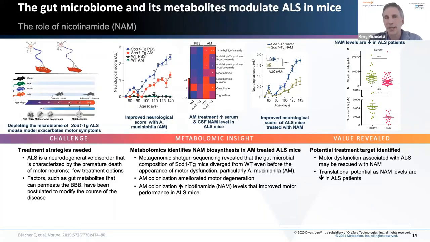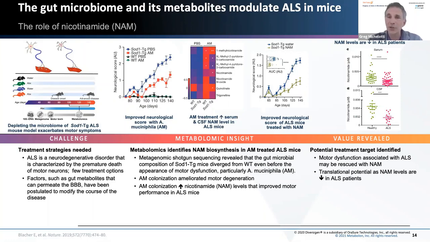Here the investigators identified specific perturbations that Akkermansia muciniphila was able to convey in the nicotinamide pathway, so that when mice were supplemented with this strain, there was a dramatic increase in the nicotinamide molecules, suggesting that these could be playing a beneficial role in the outcome of the disease.